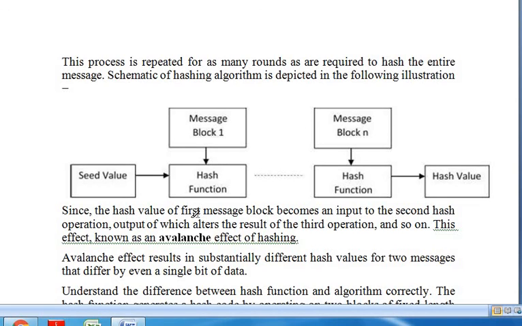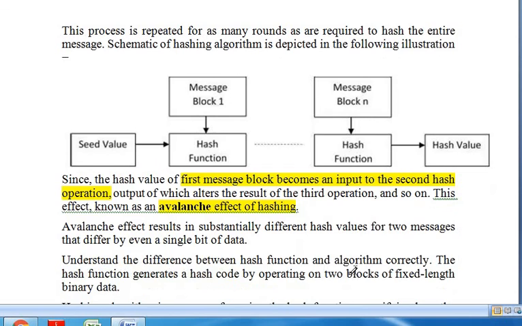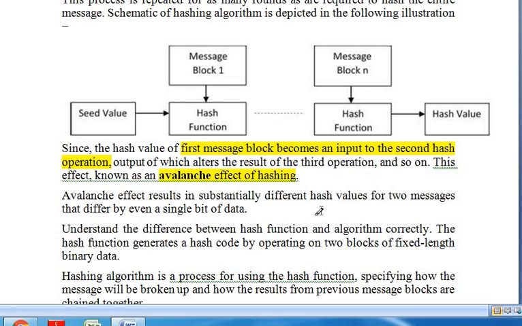So the first message block becomes an input to the second hash operation. This is known as the avalanche effect. Due to this avalanche effect, even when we run data many more times, even a single bit change gives a different hash value.